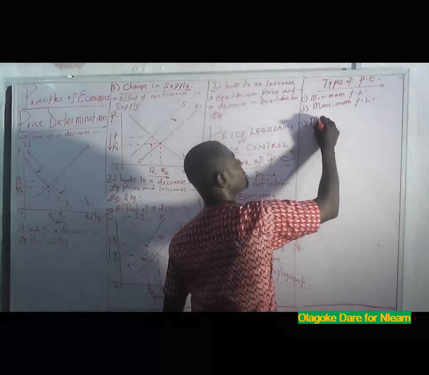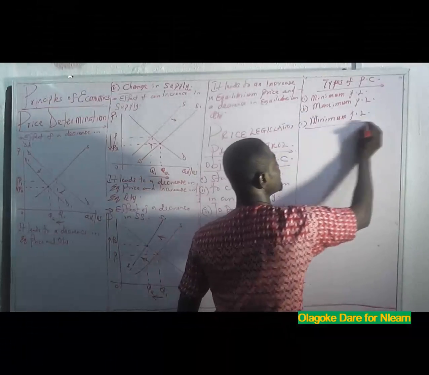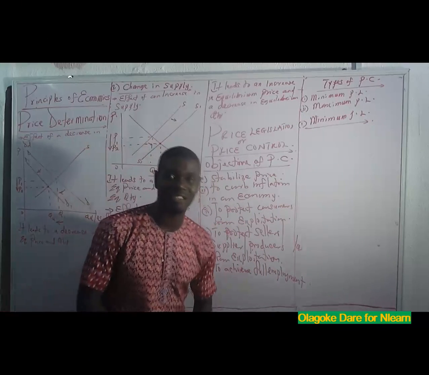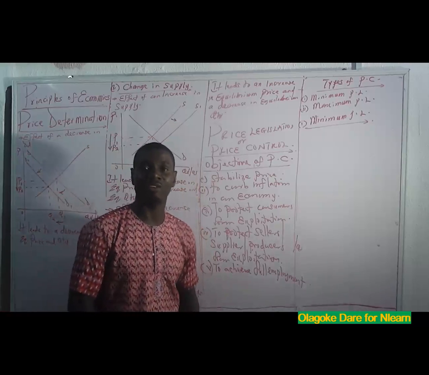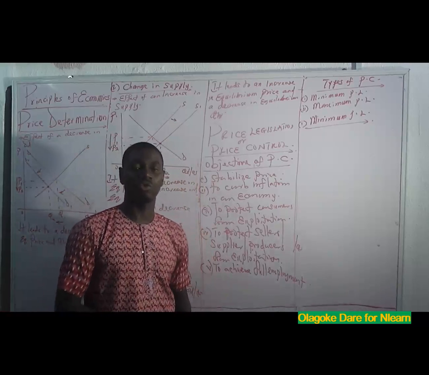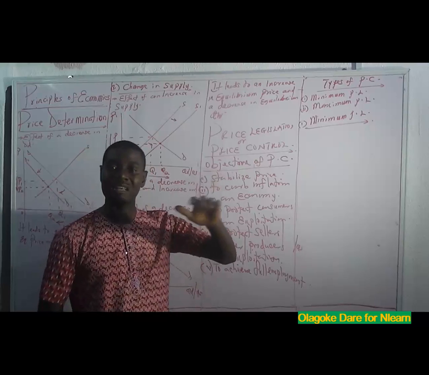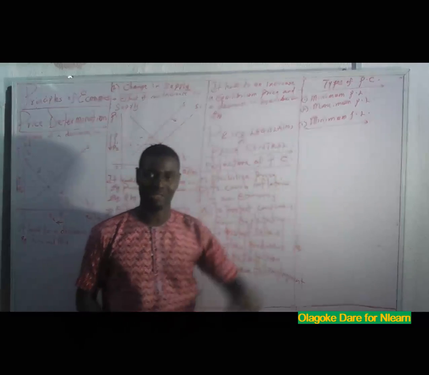We have minimum price legislation. Minimum price legislation is a price fixed in which sellers are not allowed to sell below. That's what is called minimum price legislation.